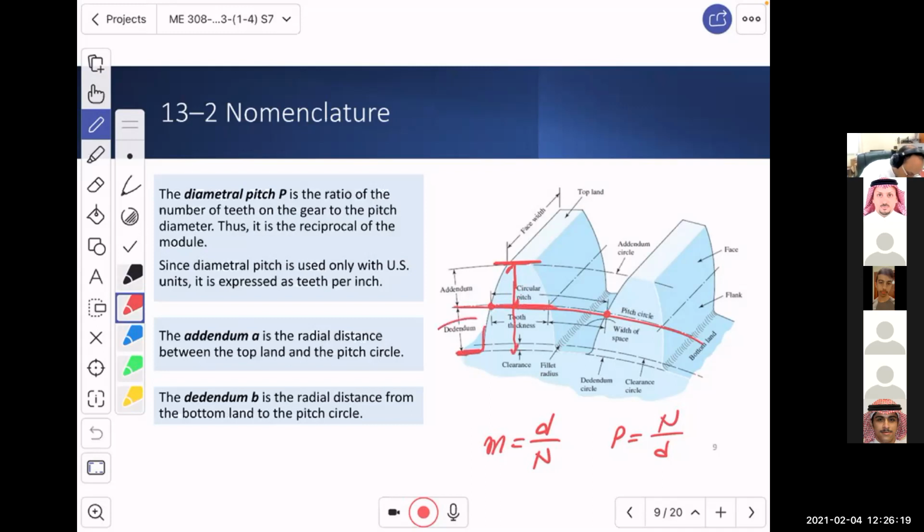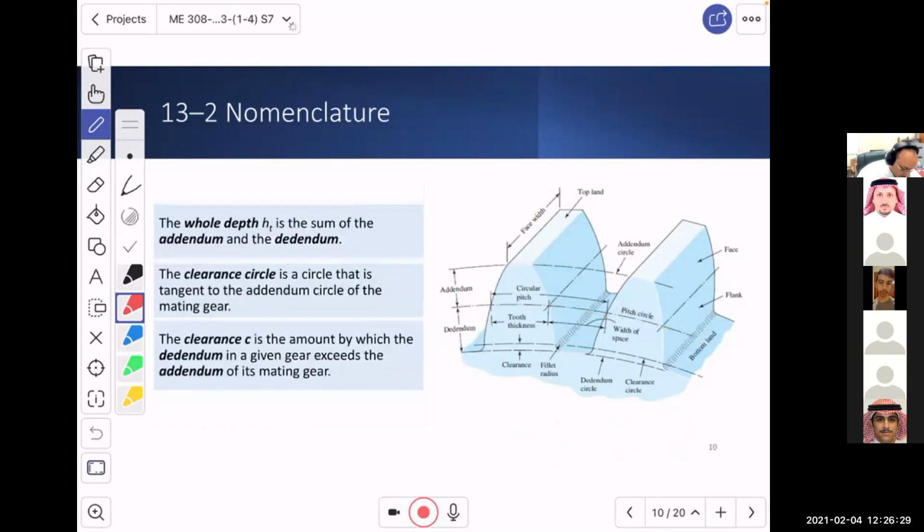So this is A, the addendum, and this is B, the dedendum. The whole depth, from here all the way to the bottom, is called Ht, and it is the sum of the addendum plus the dedendum.